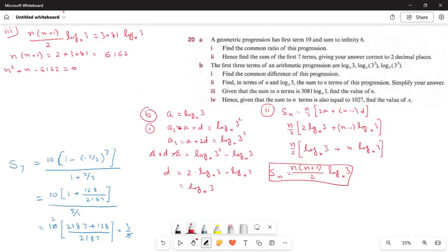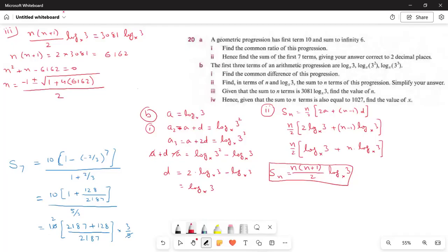So let's try to solve it using the quadratic formula. n is equal to minus b plus minus under the root b squared minus 4 into a, which is 1, into c, which is negative 6162, and I put this negative over here, divided by 2a, which is 2 only.